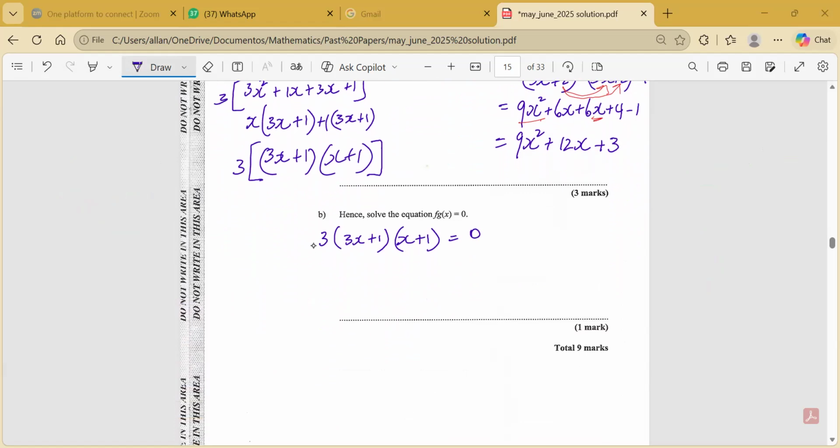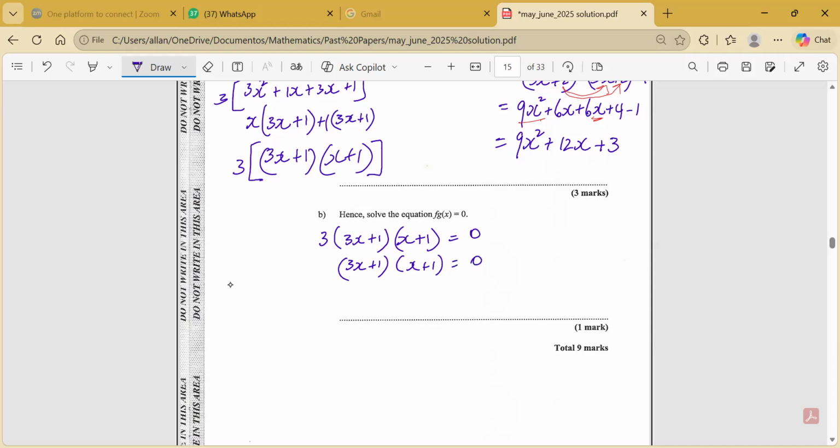Divide everything by 3, so this 3 will cancel. Therefore, you say 3x plus 1. Divide throughout by 3. So here x is negative a third.